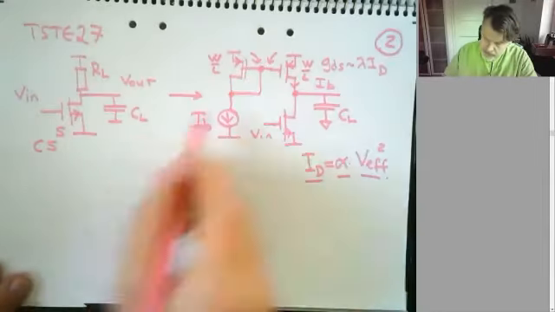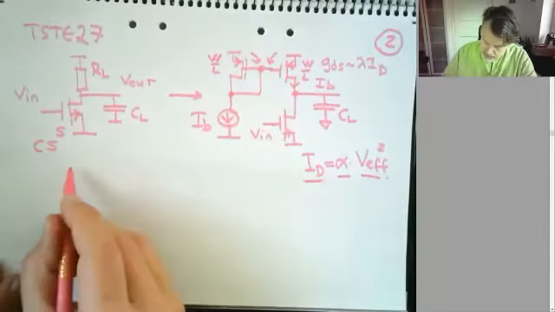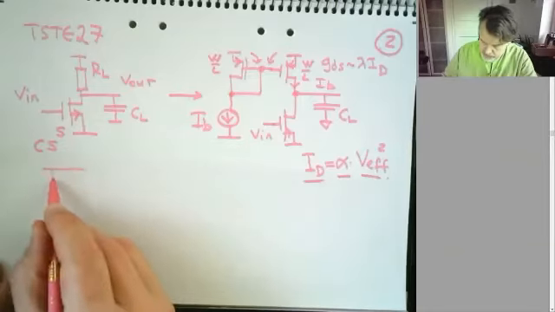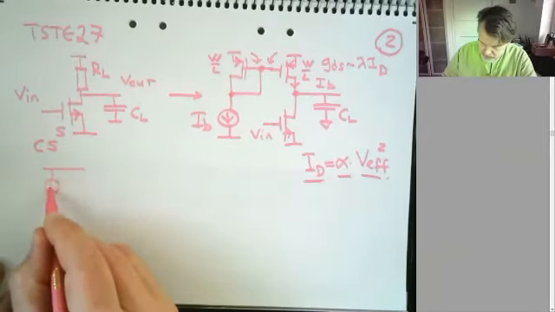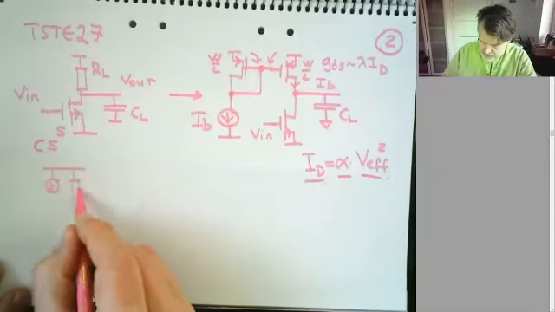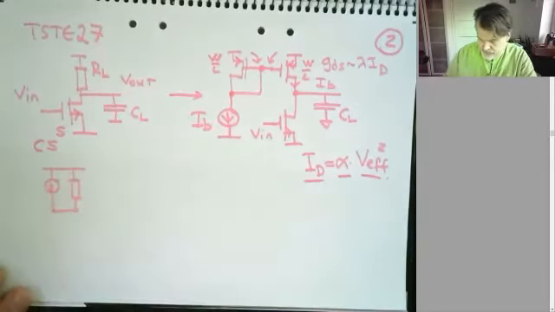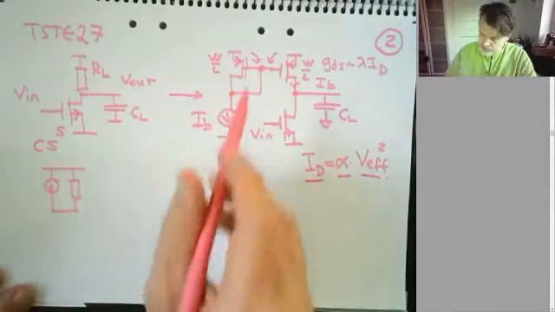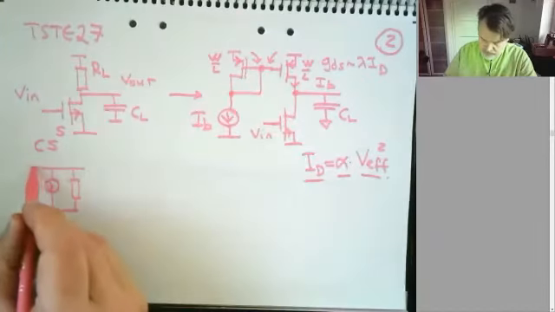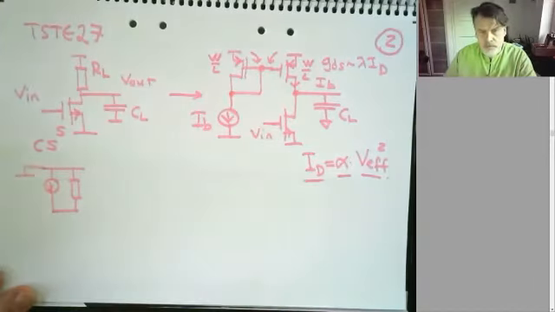I'll make a small signal schematic of the transistor on the left-hand side, like this. That's that transistor. The supply is grounded, so let's pull that like that.